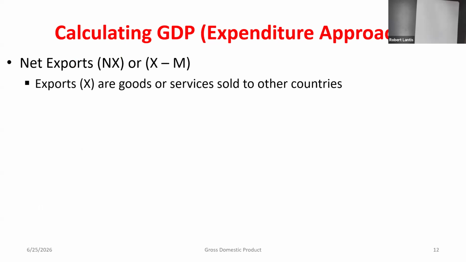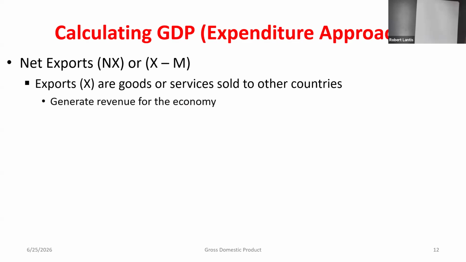And then I already kind of went through this. Why are we adding in exports? Well, because they're produced domestically, even though another country is buying them. So they wouldn't really show up in our consumer expenditures because it's consumers from another country, non-domestic. However, we still want to include them in the output of our economy because they are being produced domestically.